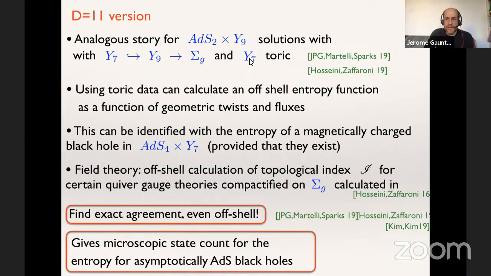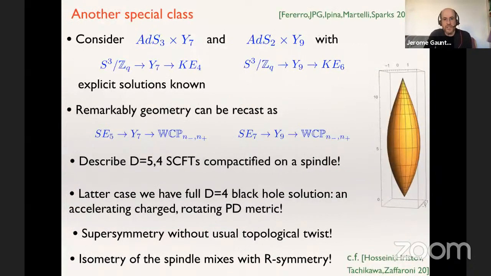I'm just going to leave that there and quickly flash up one slide and then the last slide. The other special class of solutions that we looked at was AdS3 X Y7 and AdS2 X Y9, where the Y7 is a three-sphere fibration over a Kähler-Einstein 4, or a three-sphere fibration over a Kähler-Einstein 6.